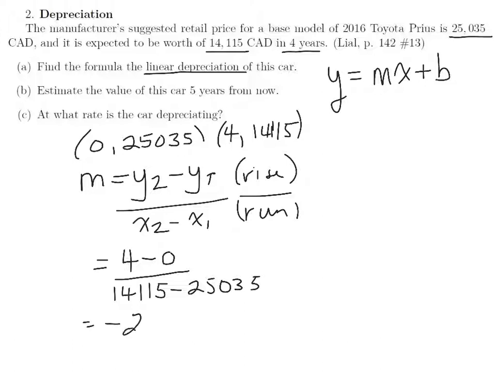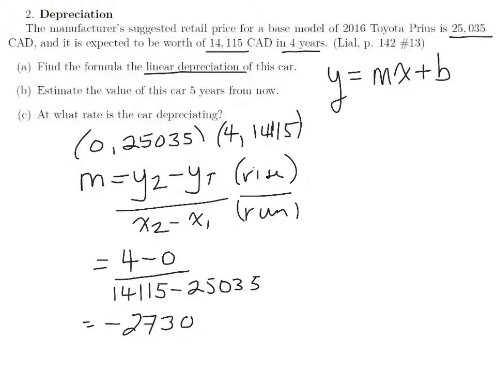And that gives us a value of negative $2,730. And so that means that the decrease in value occurs at a rate of $2,730 per year.